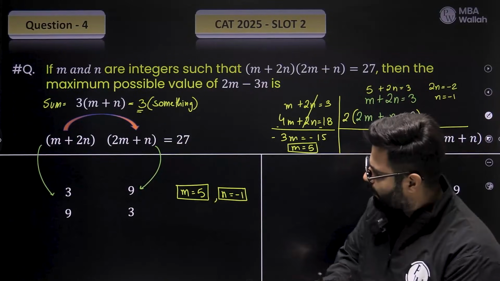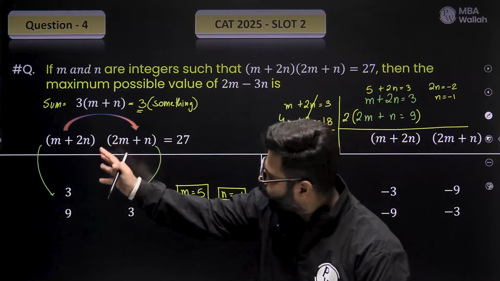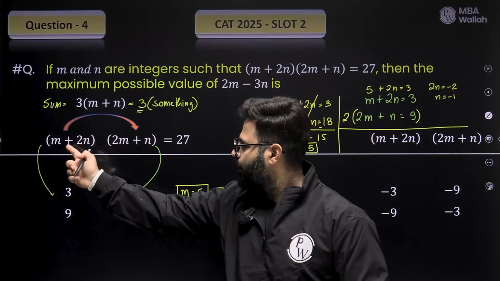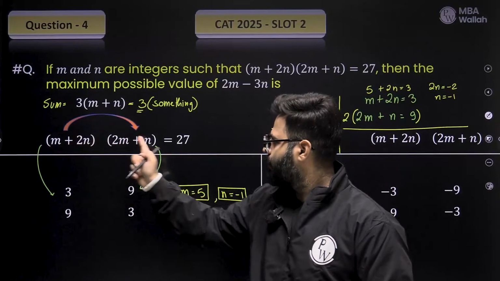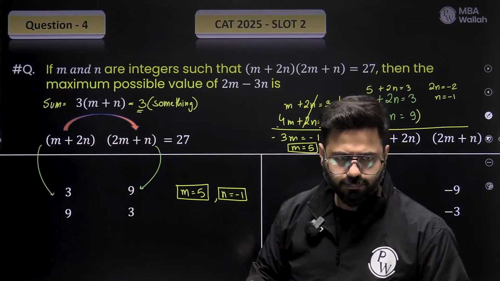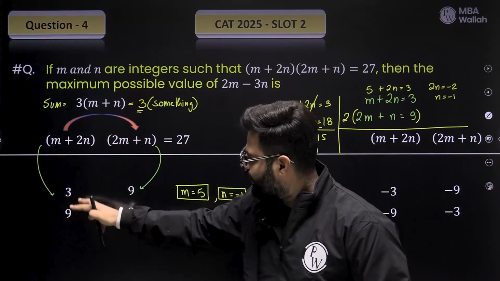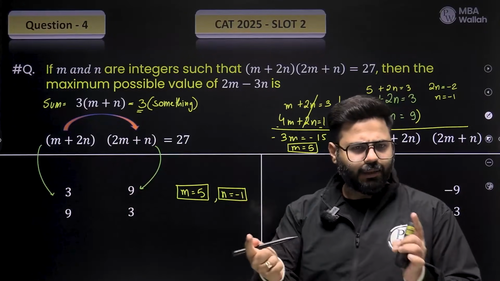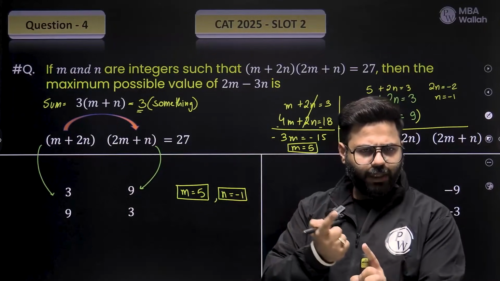Now guys, think, what changed? Do you see this is very symmetric? Here m becomes 2m, 2n becomes n. The coefficient of m goes to n, coefficient of n goes to m. And then this also symmetrically changed. 3 came to 9, 9 came to 3. Isn't it? We have just replaced m with n.